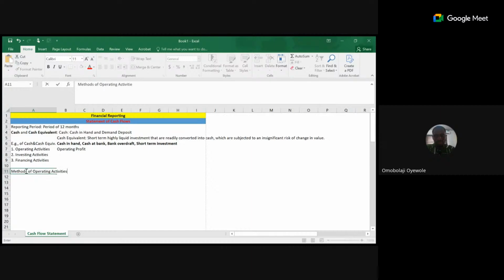These methods are: 1, the indirect method, and 2, the direct method.